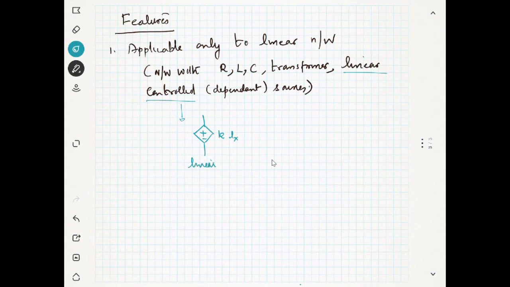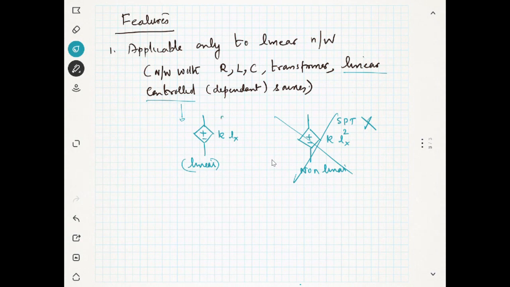Linear controlled source. Suppose you have another thing, something like k times Ix squared. Is this linear or non-linear? Non-linear. In this case you cannot apply the superposition theorem; it is not applicable.